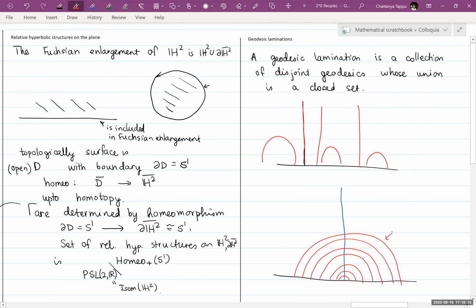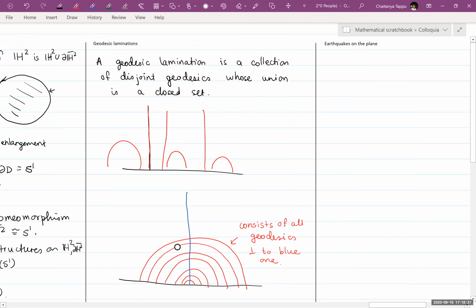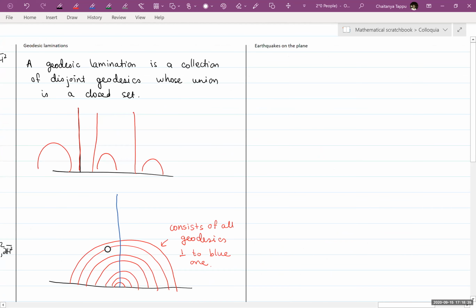So this consists of all geodesics perpendicular to the blue one, and they fill up the whole hyperbolic plane, which is slightly not what one might be used to.